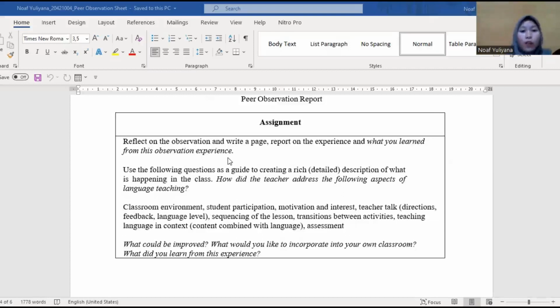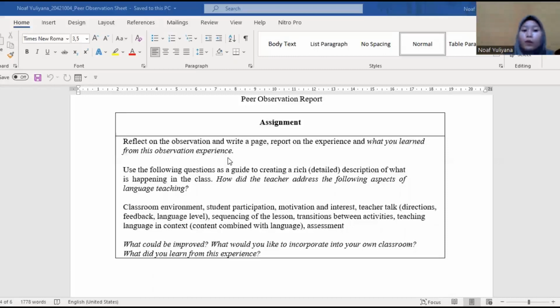And the second is use the following questions as a guide to creating a rich, detailed description of what is happening in the class. How did the teacher address the following aspects of language teaching? Classroom environment, student participation, motivation and interest, teacher talk, direction, feedback, language level, sequencing of the lesson, transition between activities, teaching language in context, and assessment.